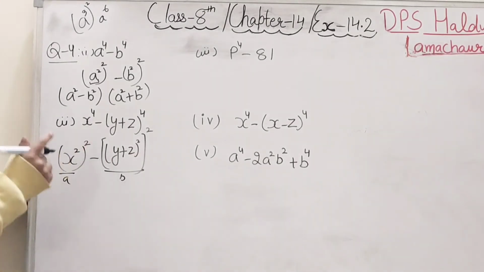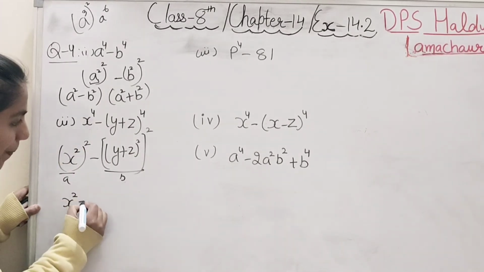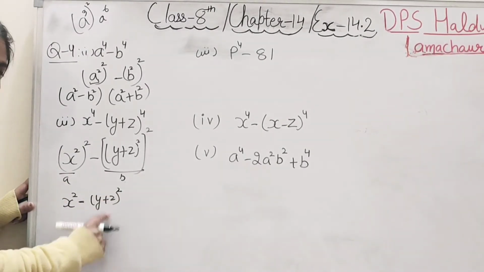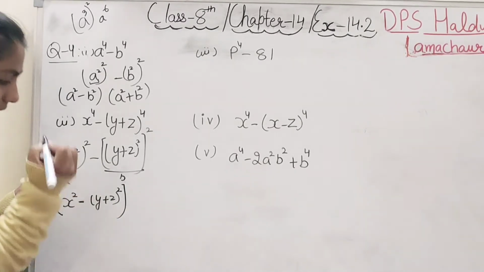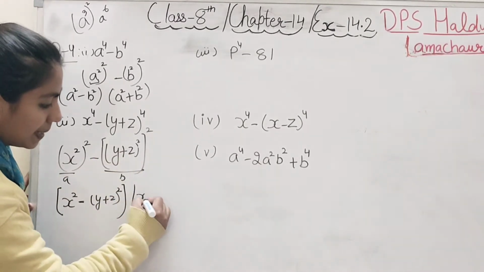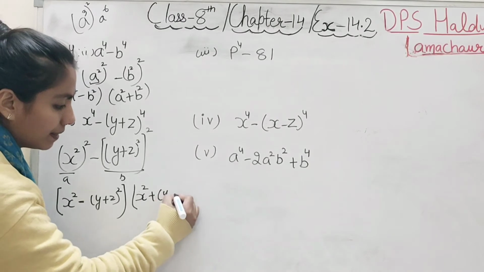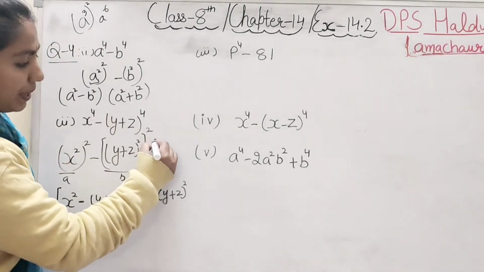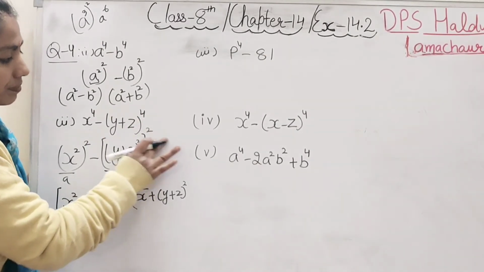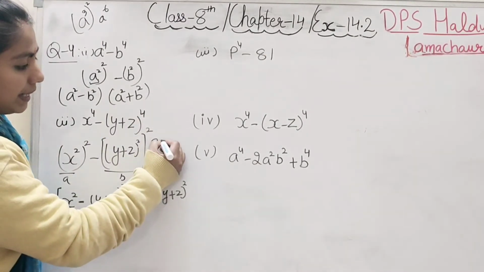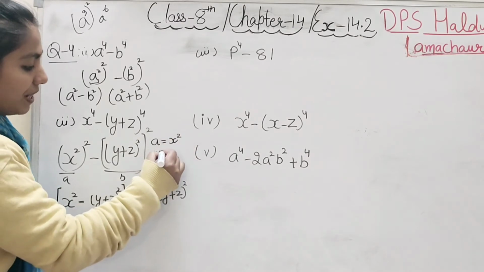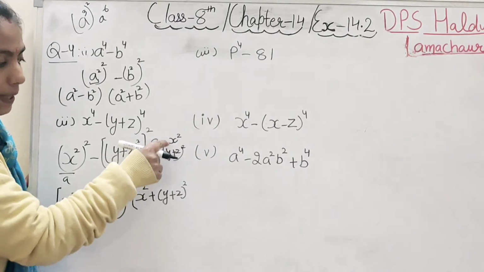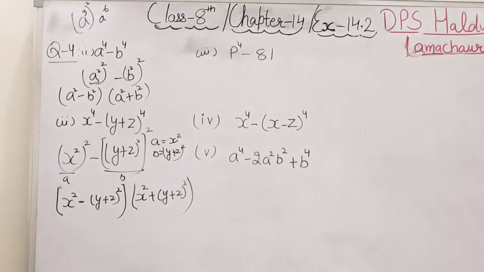So a square minus b square is a minus b, this is the first bracket, and a plus b. Right, student? And if you get confusion, you write down at the side that a value is x square and b value is y plus z square. So a minus b, a plus b. Right, student? This is the end of the question.